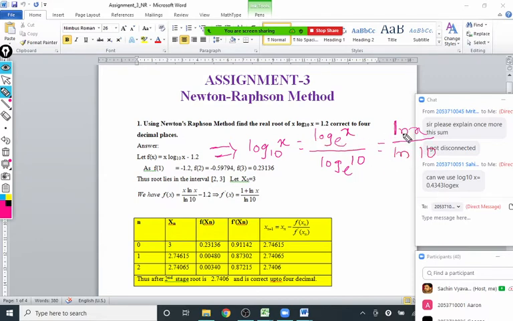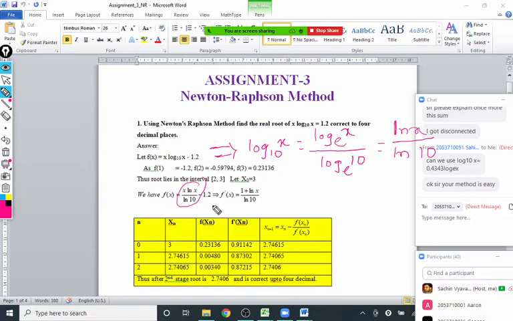So you will come to know that you have to press the ln key of your calculator. That is the value of log x at base 10. So x as it is, log x at base 10 is ln x upon ln 10, minus 1.2.